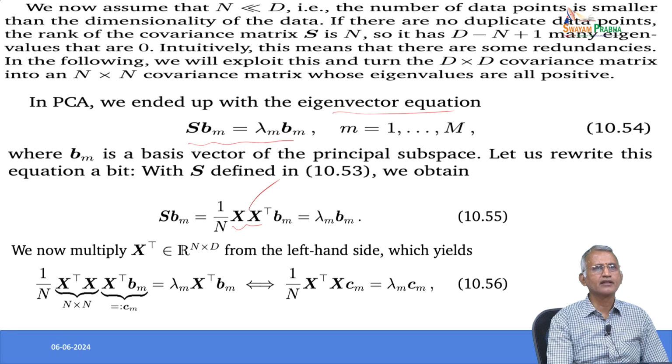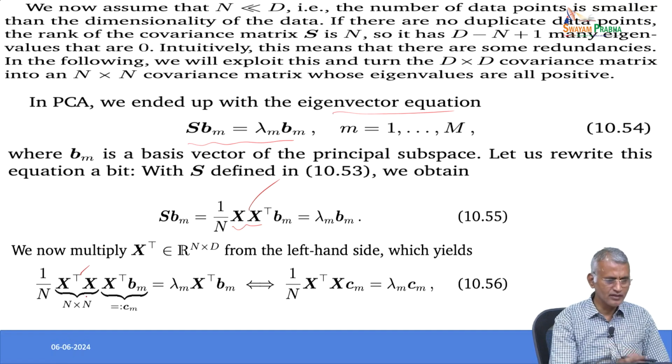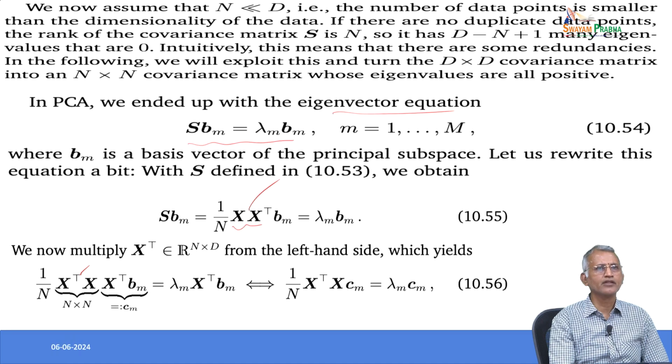Now, we multiply X^T on both sides from the left. This yields (1/N) X^T X X^T b_m = lambda_m X^T b_m. Here X^T X is N cross N and X^T b_m is c_m.